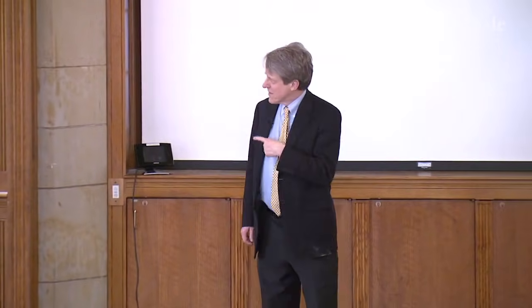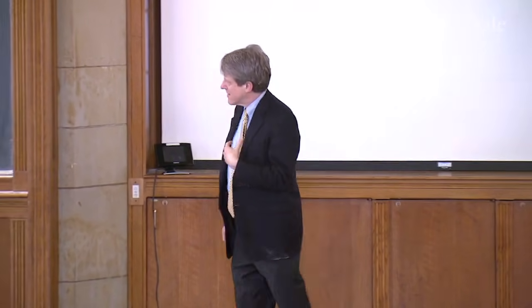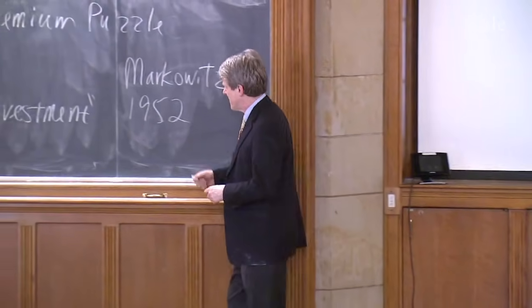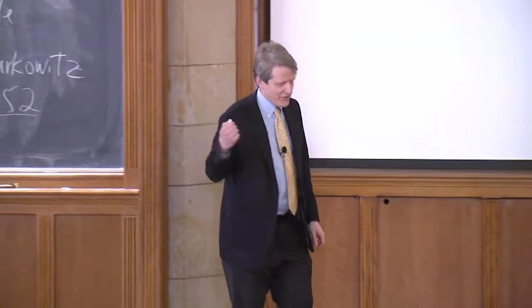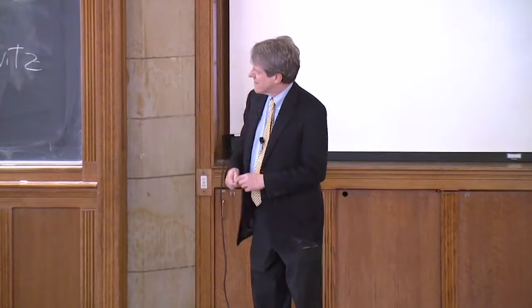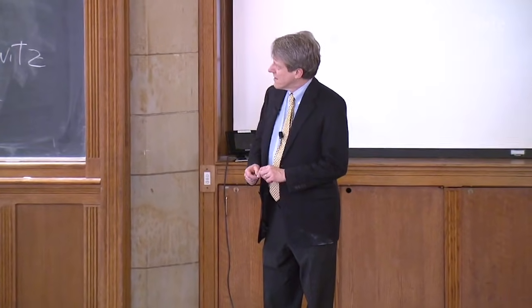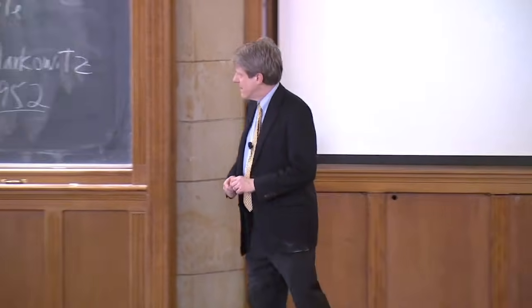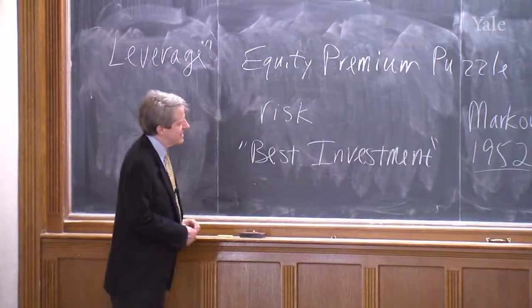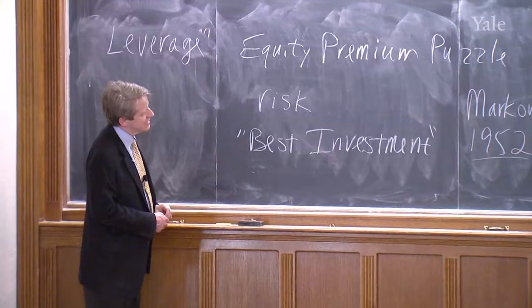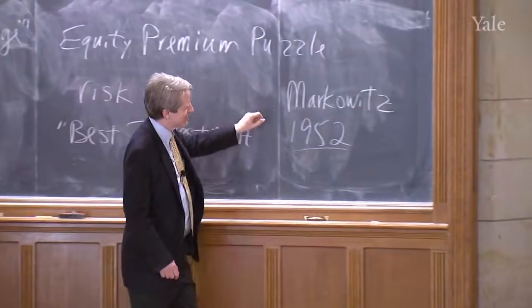And judging from his article, to me it sounded so basic and simple. Of course, I've studied finance, but it seemed odd to me that everyone didn't know that in 1952. So I'll paraphrase what Markowitz said.